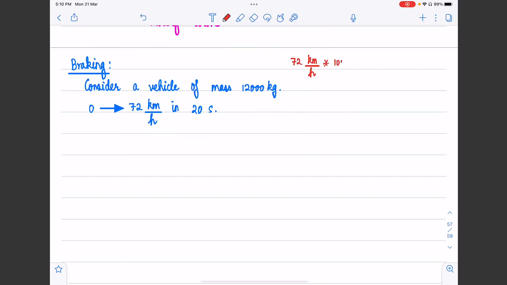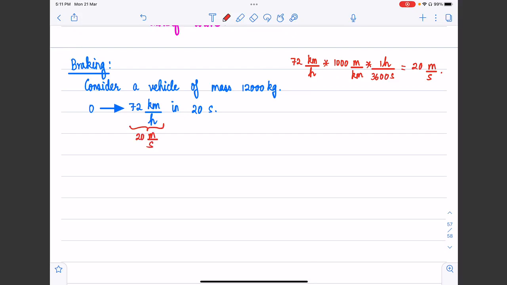Because to convert from kilometers to meters, I multiply by 1000, and to convert from hour to second, 1 hour is equal to 3600 seconds. Now all of us will understand why I took 72 kilometers per hour, because it counts as a round number in meters per second. So this is around 20 meters per second.